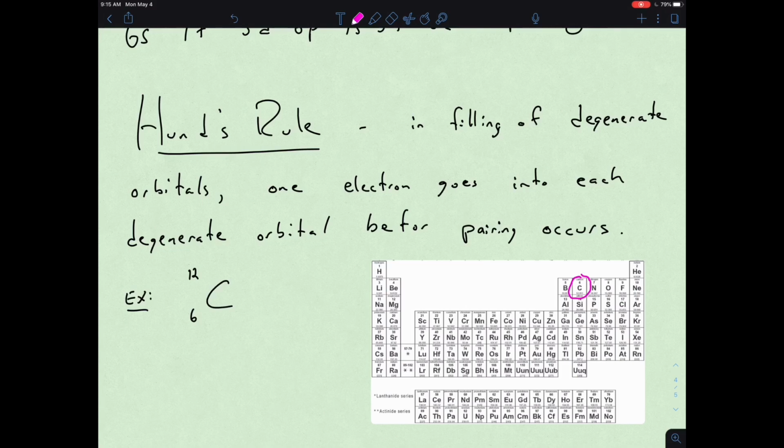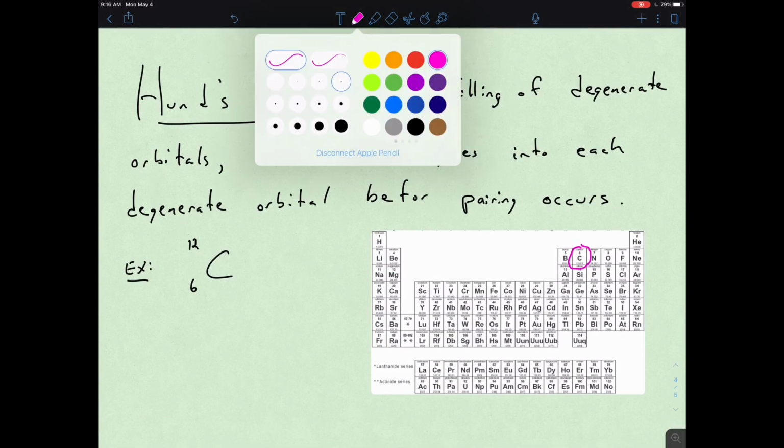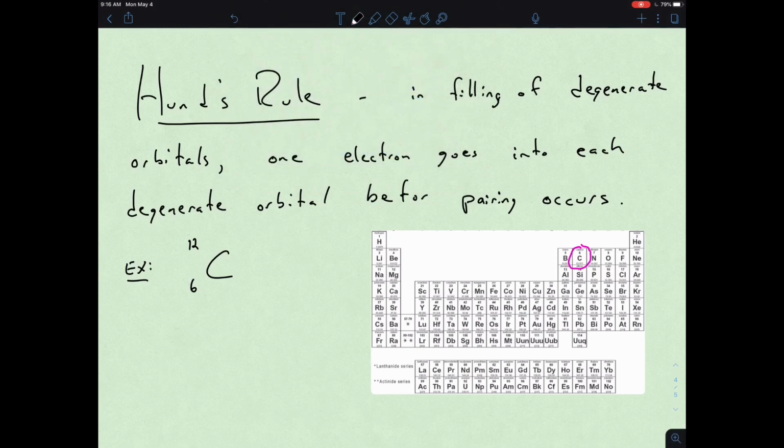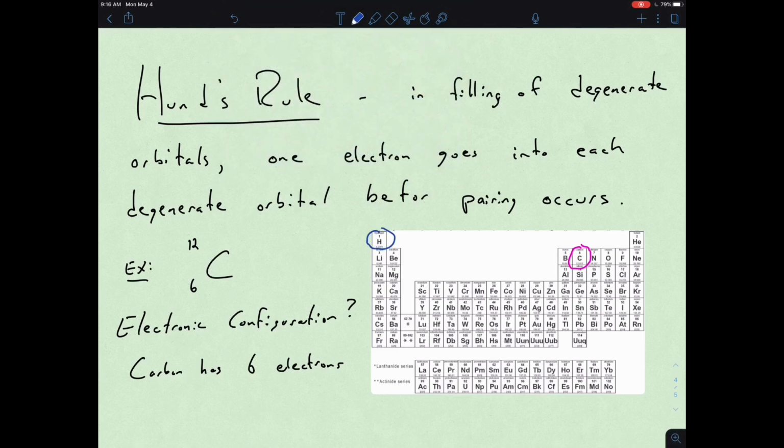So if we look at the energetics as far as an electronic configuration, we would have to say that carbon has 6 electrons. We could start with the 1s.